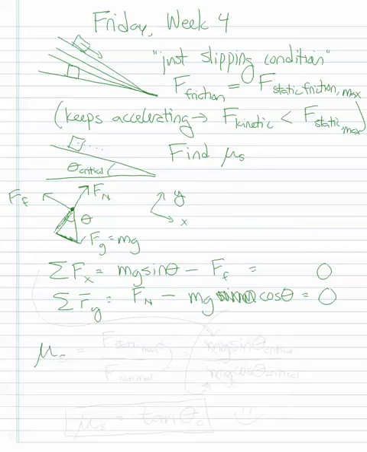So the definition of mu s is the ratio between the max of static friction to the normal force at that condition.